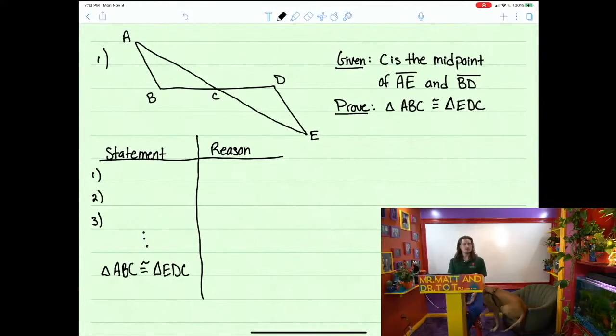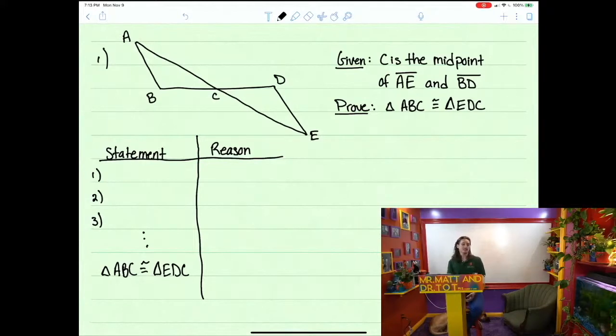So if you have information for side, side, side, I'm not saying that that's particularly what you're going to use here, but for example, if you have enough information from the given that you can prove side, side, side correspondence, then each of the statements has to give a reason as to why each corresponding side is congruent.